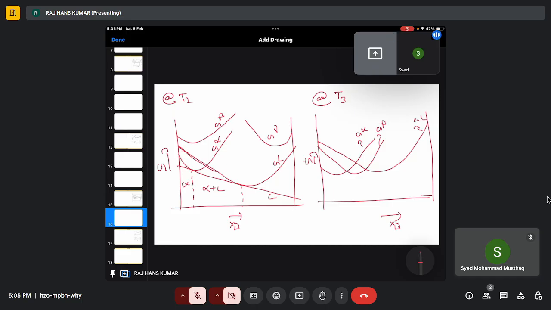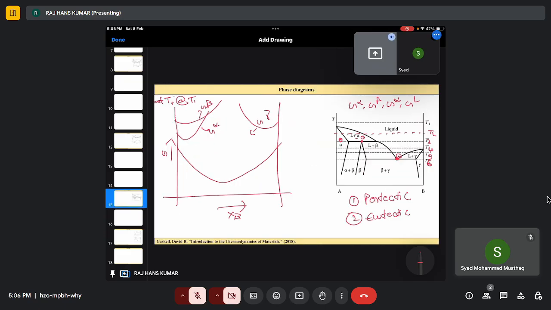So if I draw a common tangent, it touches here. So this is my alpha. And again, because three vertices are touching a common tangent, all those three are at equilibrium: alpha, beta, and liquid. And here I have liquid itself, right?